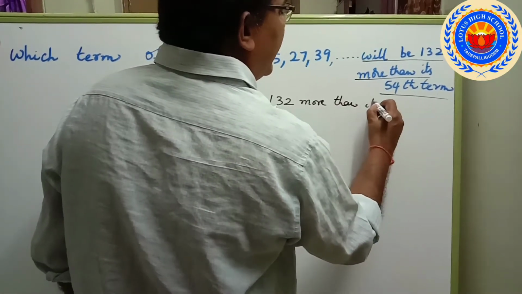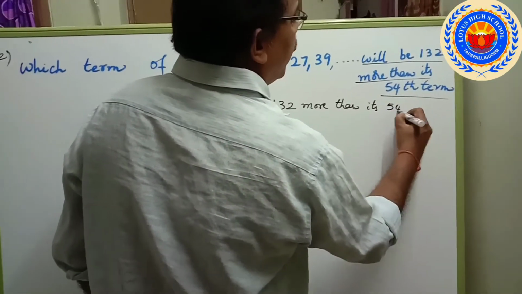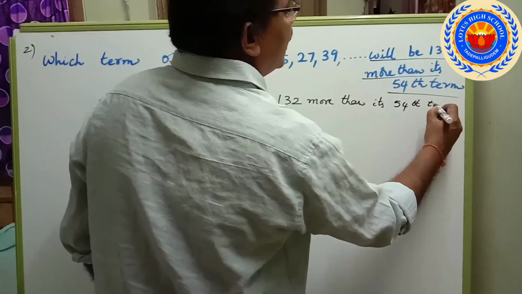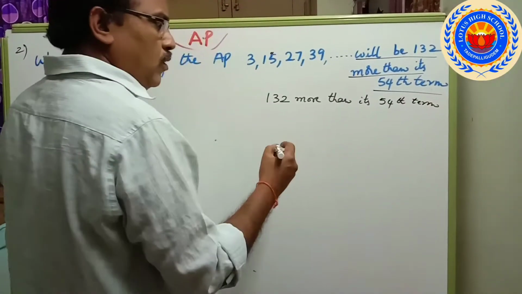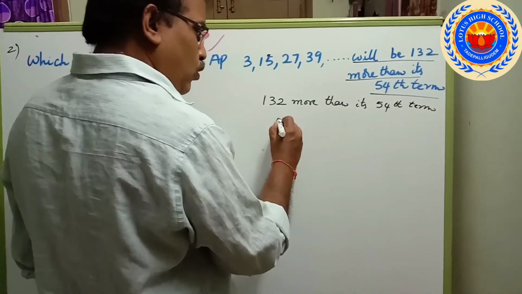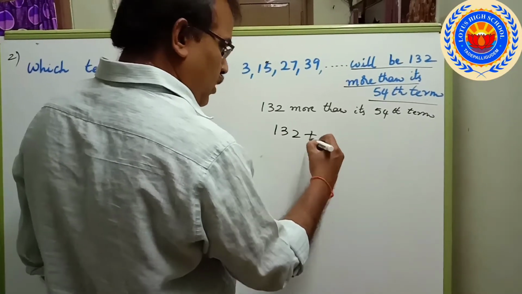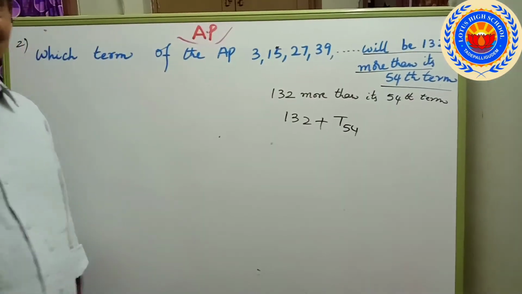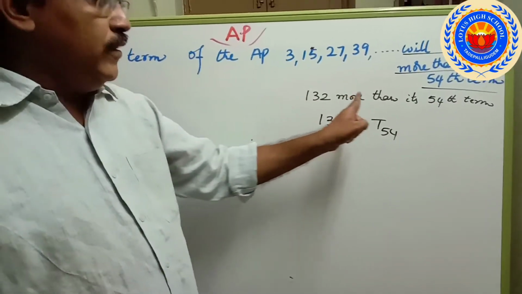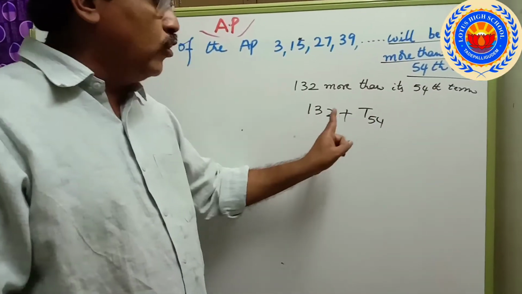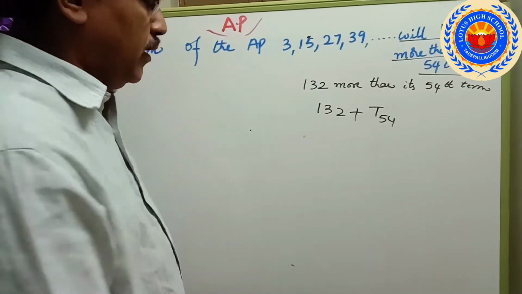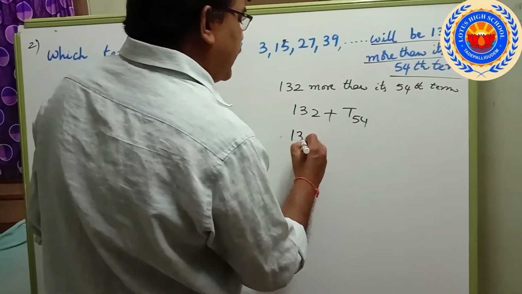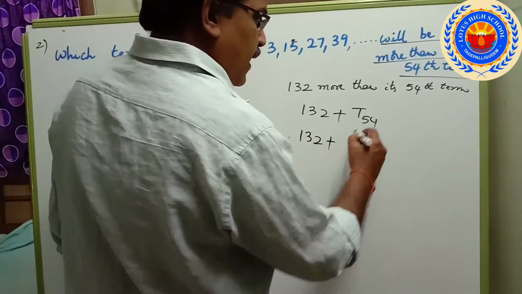its 54th term. So, first of all, 132 more than its 54th term, I can write T54. So, 132 plus T54.